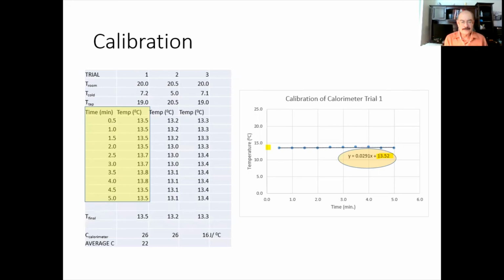Now, here is one of the typical errors that students obtain when they do this. What happens is that they will end up with a value of C-cal, the heat capacity of the calorimeter, that is negative. The main reason for that is that when they combined the cold and the tap water, they didn't stir it properly.